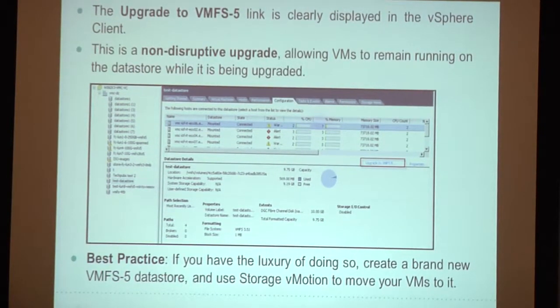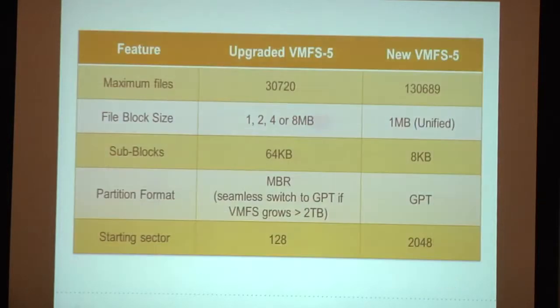One of the nice things is that if you're upgrading to VMFS-5, it is non-disruptive. You do not have to storage vMotion all your stuff out before you upgrade. You can allow VMs to remain running on the data store while it's being upgraded. But there is a problem here. If you do an upgrade from VMFS-3 to 5, you actually lose some features.